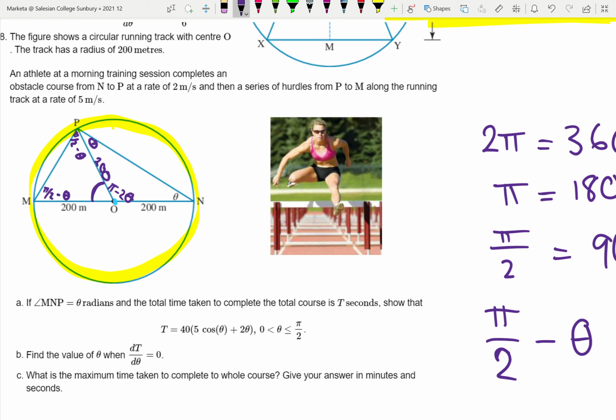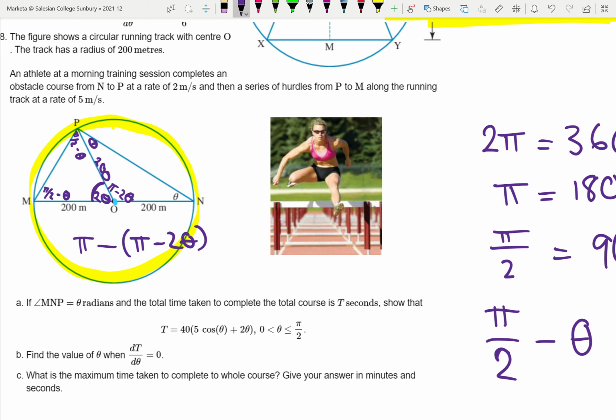So I'm going to say pi minus (pi minus 2 theta). I'm subtracting this part from 180 degrees or pi, and I get positive 2 theta. So it goes in there.